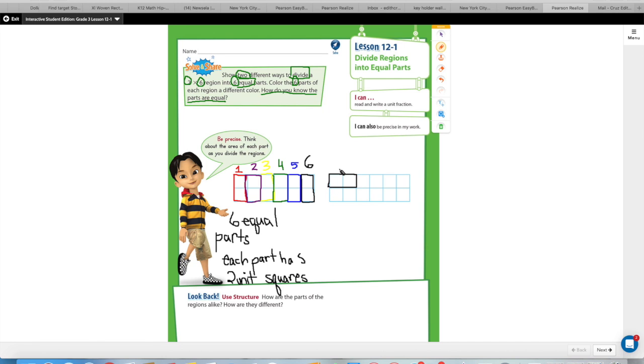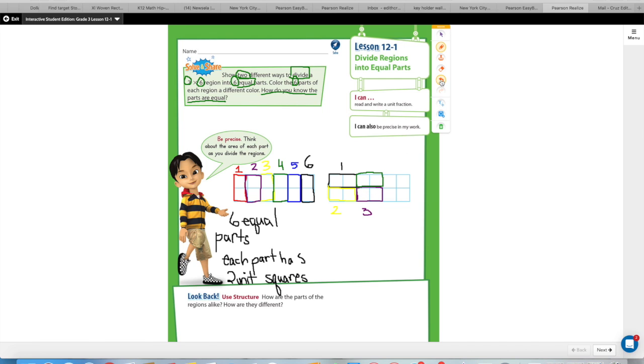So we have one part. Two parts. Three parts. Four parts.